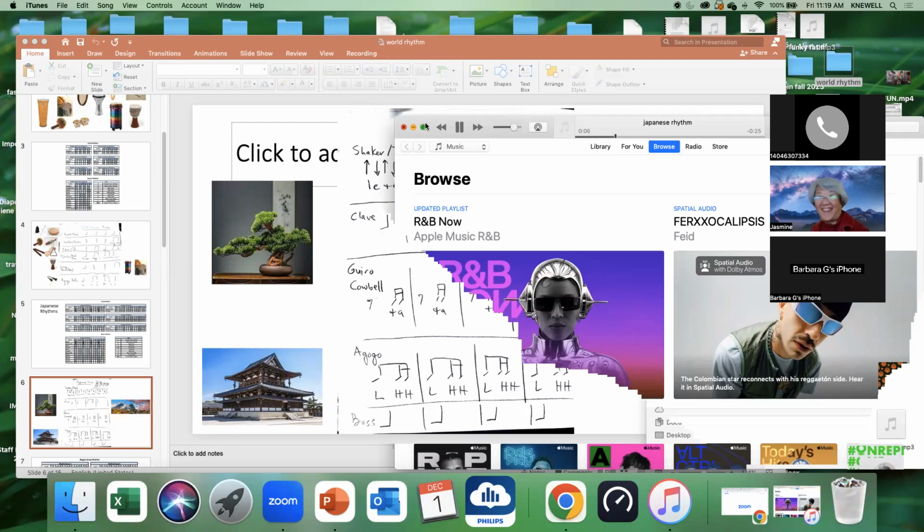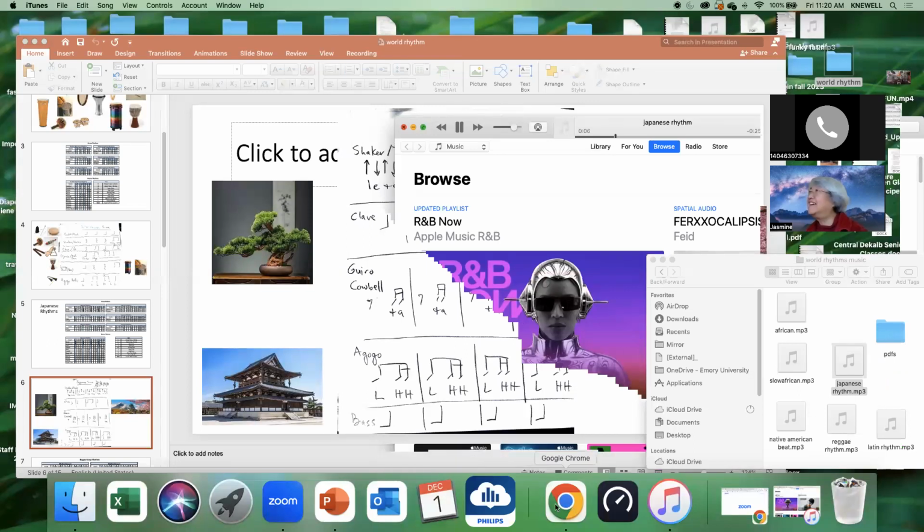If we go to the agogo bell part, it's 1 and a 2 and a 3 and a 4 and a, so it's low and high. 1 and a 2 and a 3 and a 4 and a 1. So let's just try that with the music.